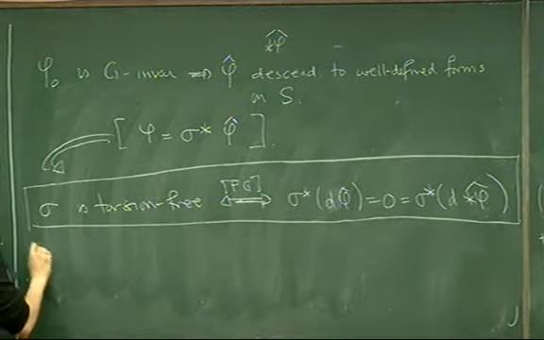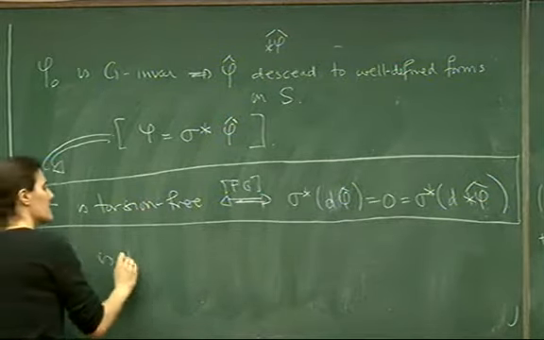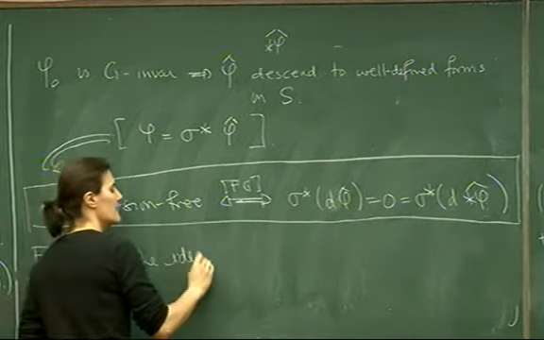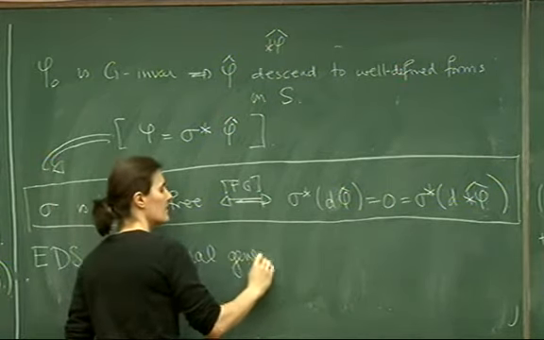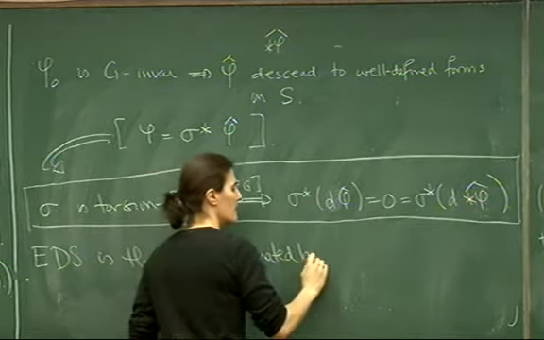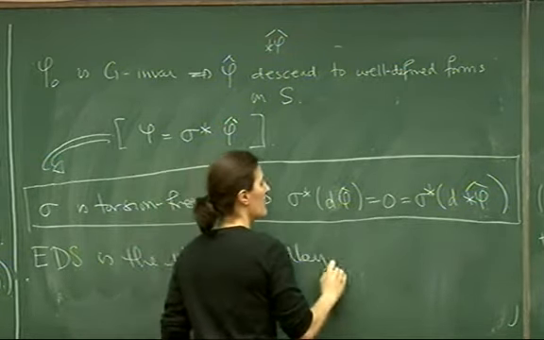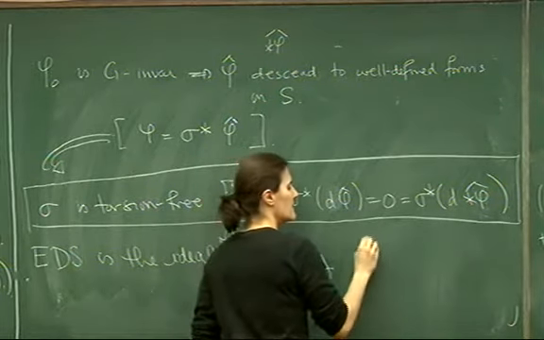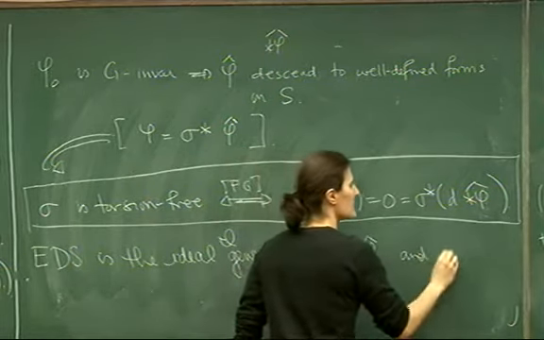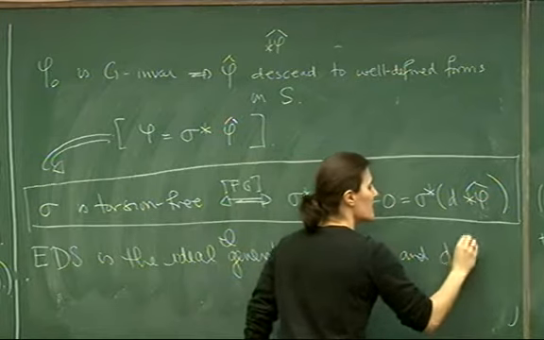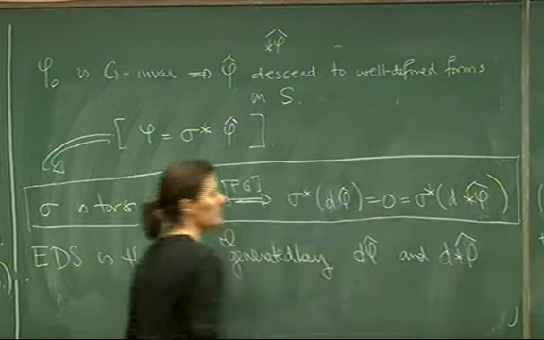So our EDS is the ideal I generated by d phi hat and d star phi hat.